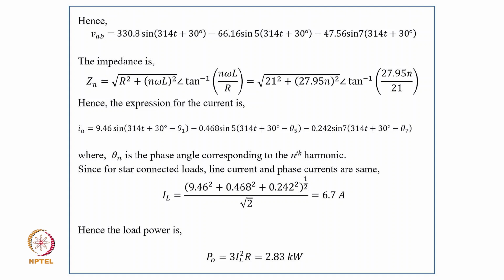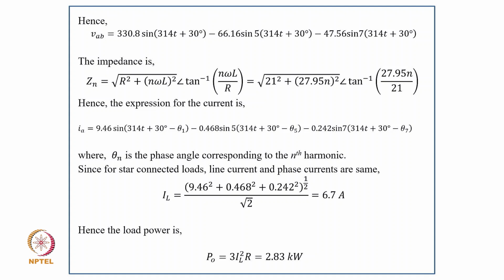The impedance is Zn equal to under root R square plus n omega L square at the angle of tan inverse n omega L upon R, and that comes to under root 21 square plus 27.95 n square at the angle tan inverse 27.95 n upon 21. Hence the expression for the current is i equal to 9.46 sin 314 t plus 30 degree minus theta 1, minus 0.468 sin 5 into 314 t plus 30 degree minus theta 5, minus 0.242 sin 7 into 314 t plus 30 degree minus theta 7, where theta n is the phase corresponding to the nth harmonic.